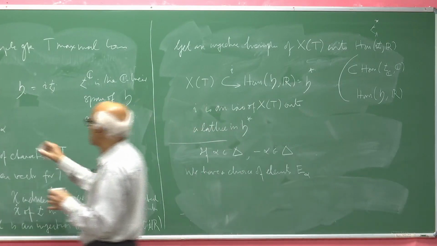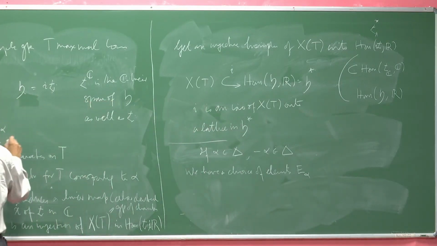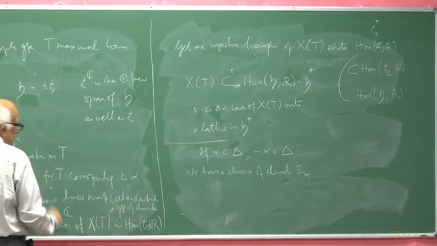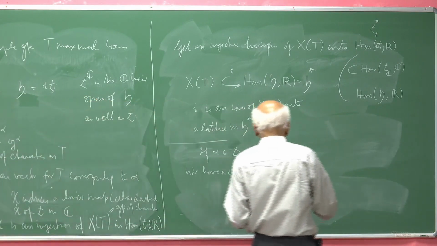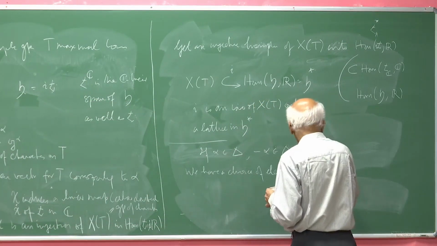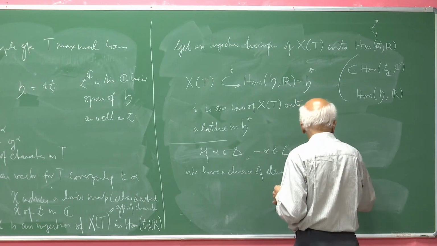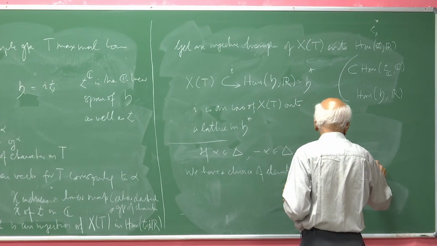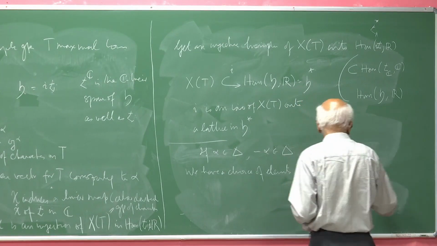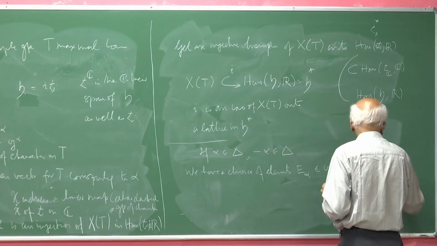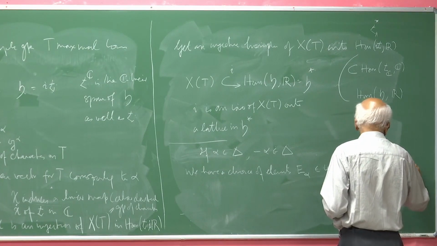This eigenspace denoted G alpha. We have a choice of elements E alpha in G alpha not equal to 0, and we know that the G alpha are one dimensional, so G alpha are actually C times E alpha.